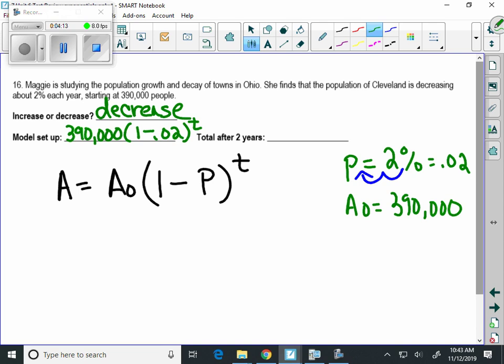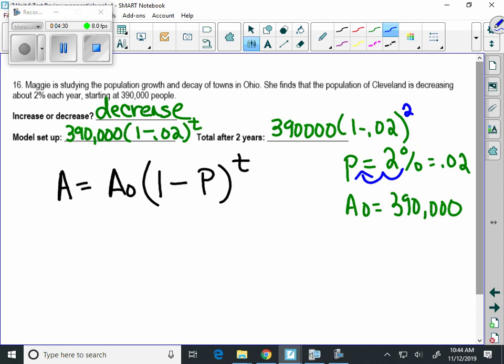And then what we want to know is how many people are going to be in Cleveland in 2 years. So the next part here is the 390,000 times the 1 minus 0.02. That's not going to change.